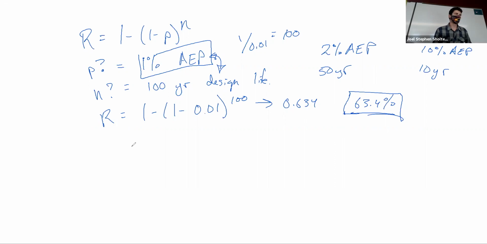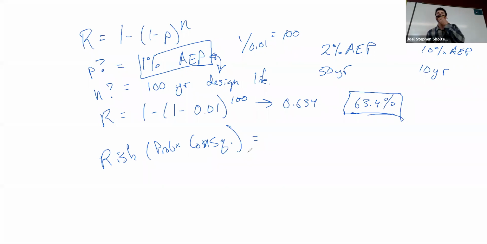So if we want to actually calculate the risk, meaning probability times consequence, say of this bridge failing over its design life, say the bridge fails, and the economic consequence of that failure, because it's going to take 6 months to build it back, is going to be 50 million.